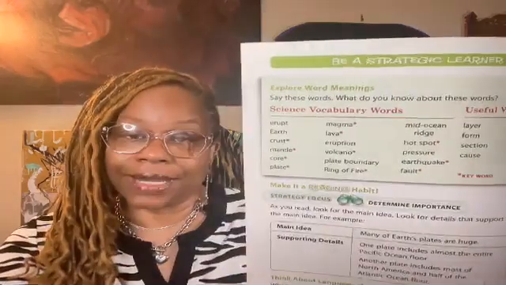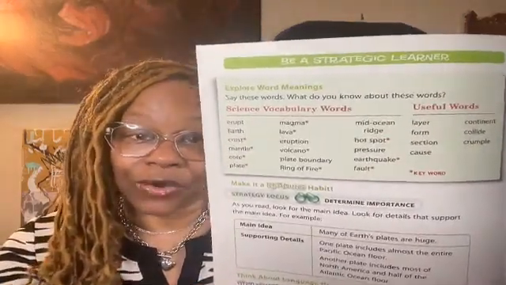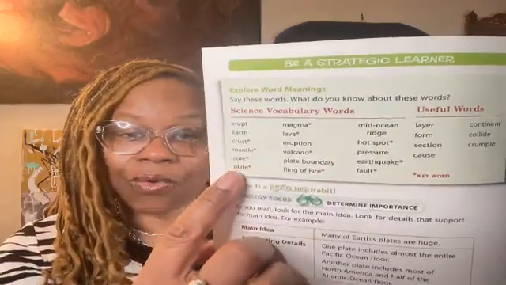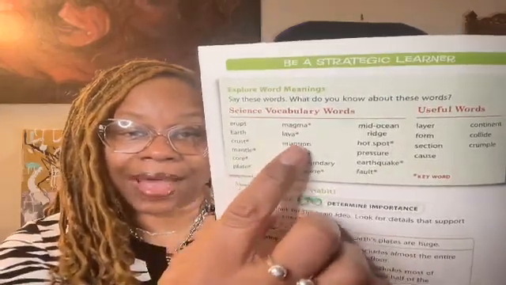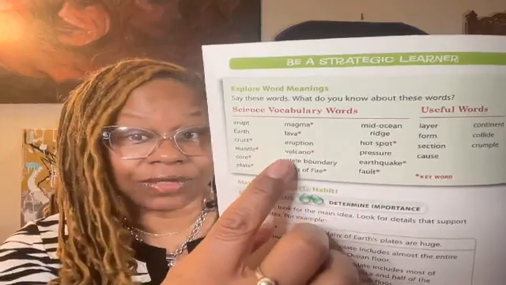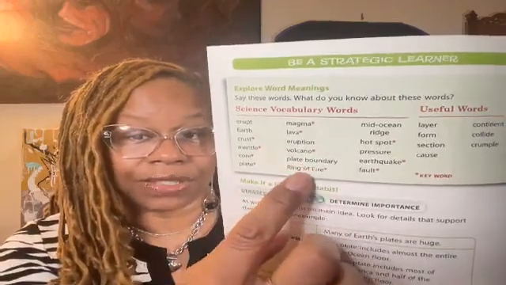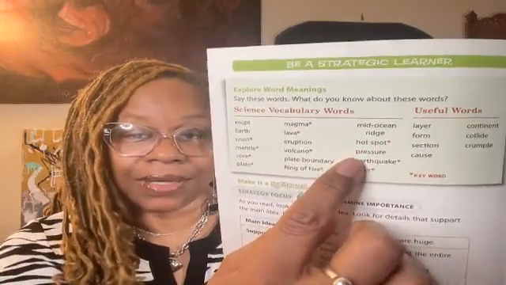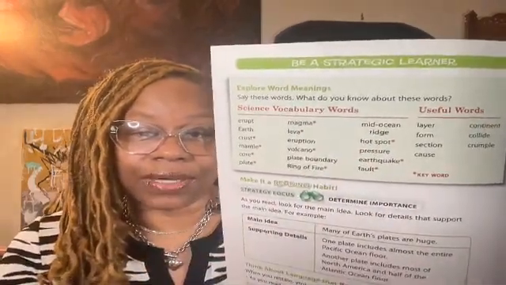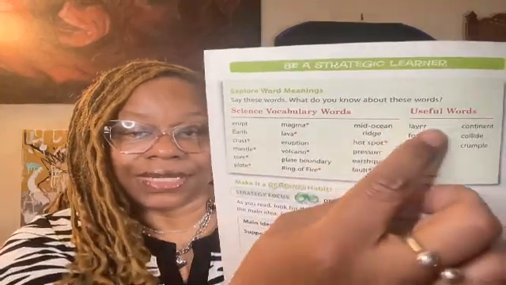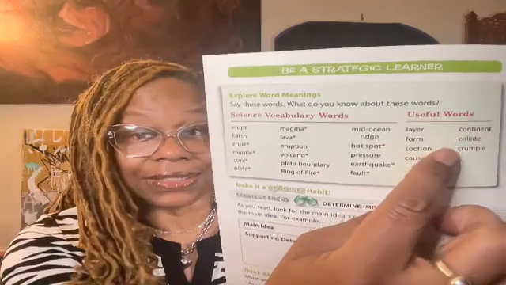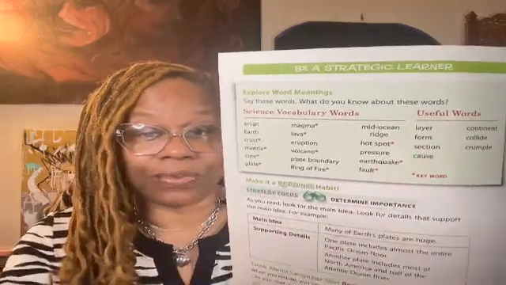And there are some vocabulary words in here: erupt, earth, crust, mantle, core, plate, magma, lava, eruption, volcano, plate boundary, ring of fire, mid-ocean ridge, hotspot, pressure, earthquake, fault, layer, form, section, cause, continent, collide, and crumple.